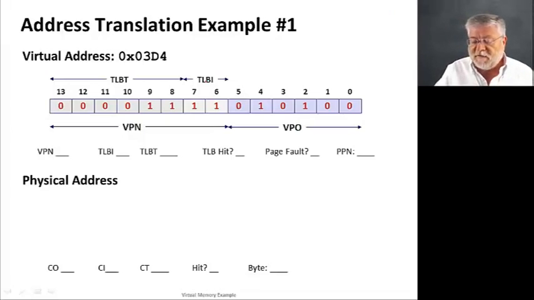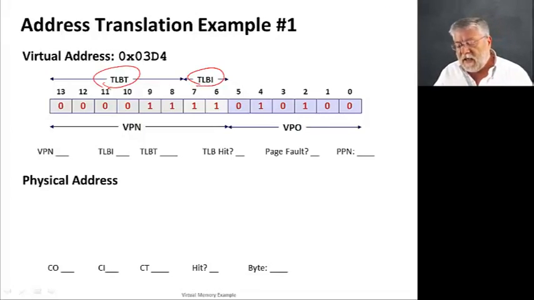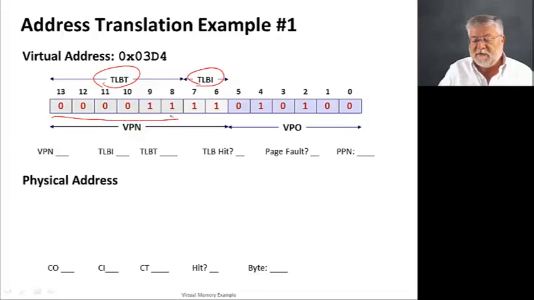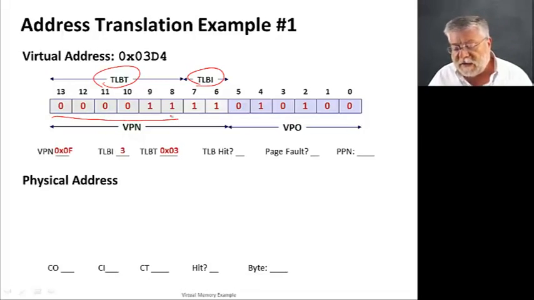Those bits are further divided into the TLB index and the TLB tag. And you can see in this case that our TLB index is 3 and our TLB tag is 03. So that's what that first part of our construct will be. Now, is this a TLB hit or not?